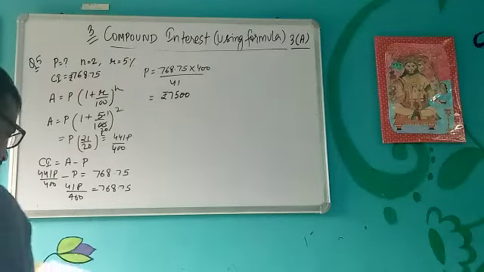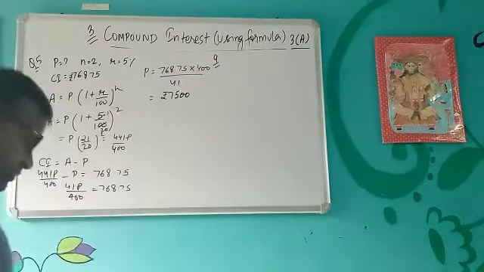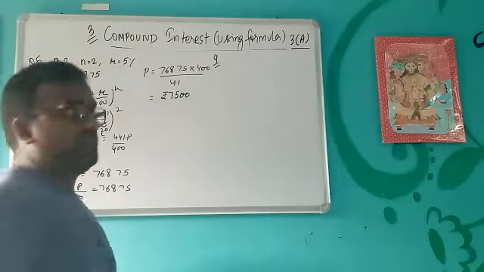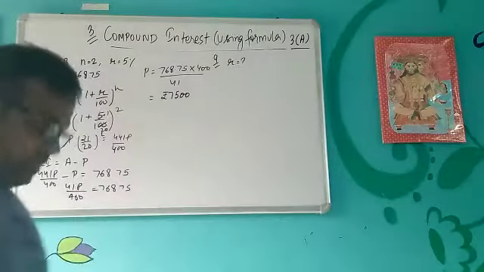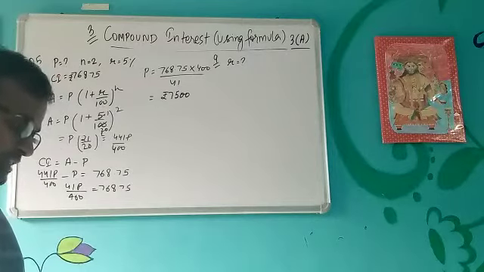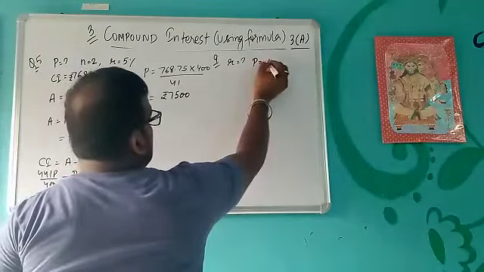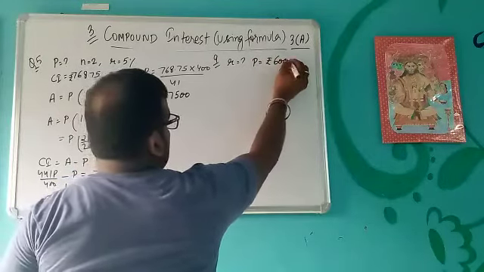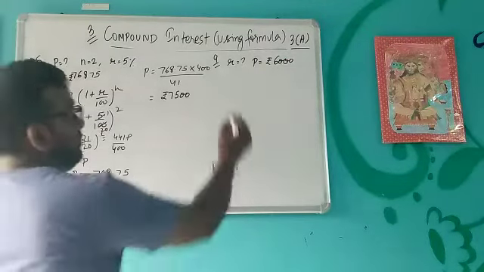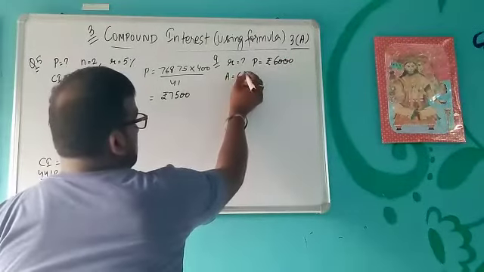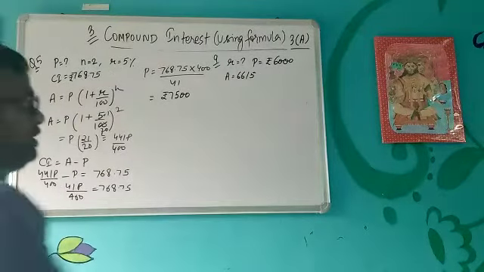Then in another type of problem, that is in question number 9, at what rate percent? So we have to calculate the rate. Rupees 6000, so P is rupees 6000, will amount to 6615 in 2 years.